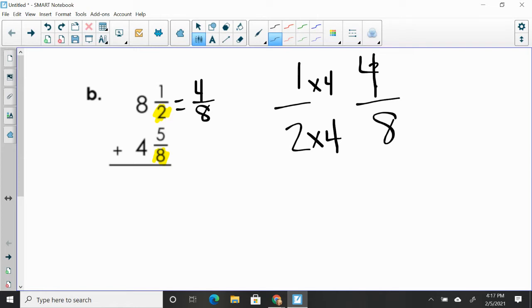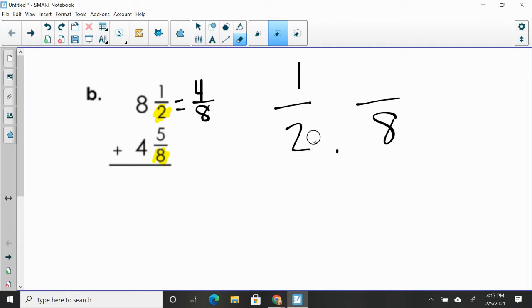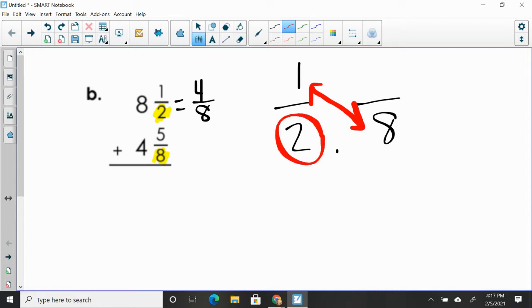Okay, so that's one way of thinking it. Or another strategy that you can use is called cross multiplying and dividing. And so what that means is I can take 1 and 8 and multiply them together, which would give me 8. And then I would divide by 2, and that would give me 4.